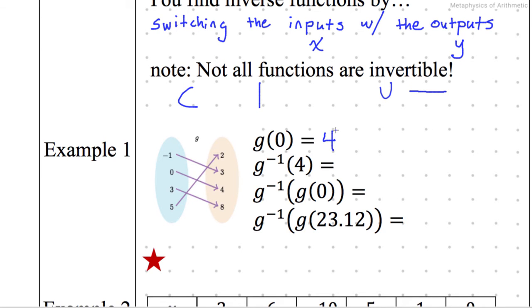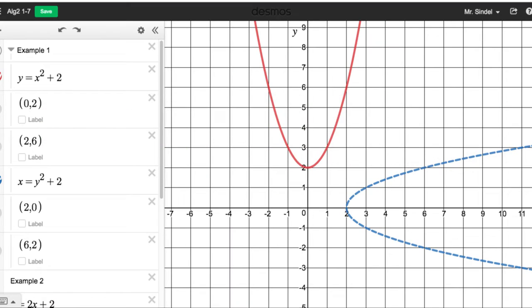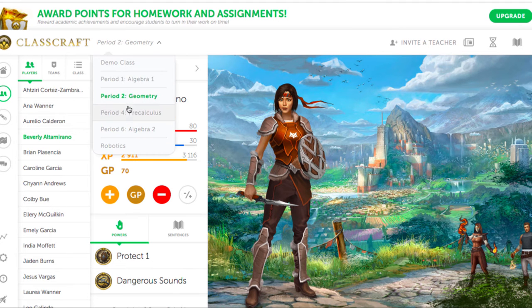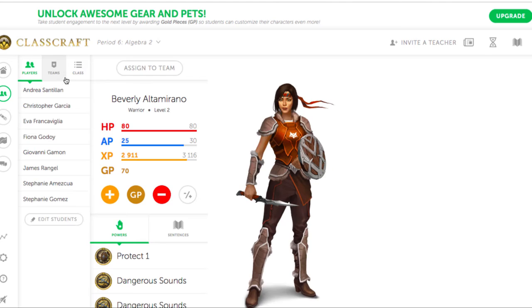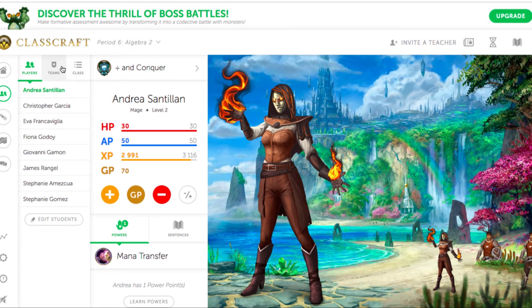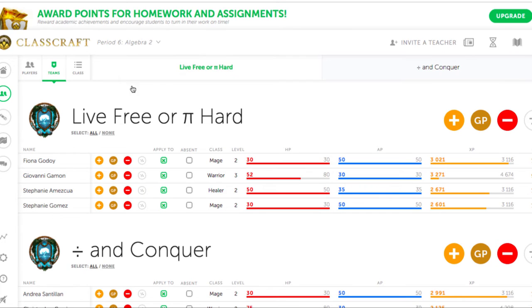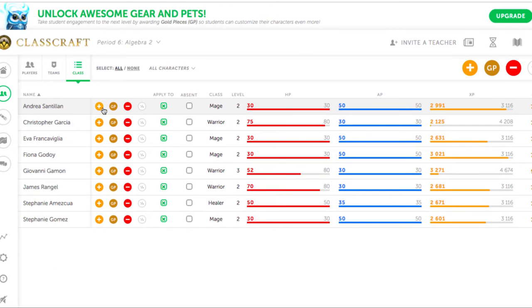It is 4. And I need to start giving out XP, otherwise I'm going to forget. So let's come here to Algebra 2. People that participated on the warm-up: James participated in the warm-up. Fiona participated in the warm-up. Who else participated? I did. Chris? Wait, I just... Eva? Anyone else?